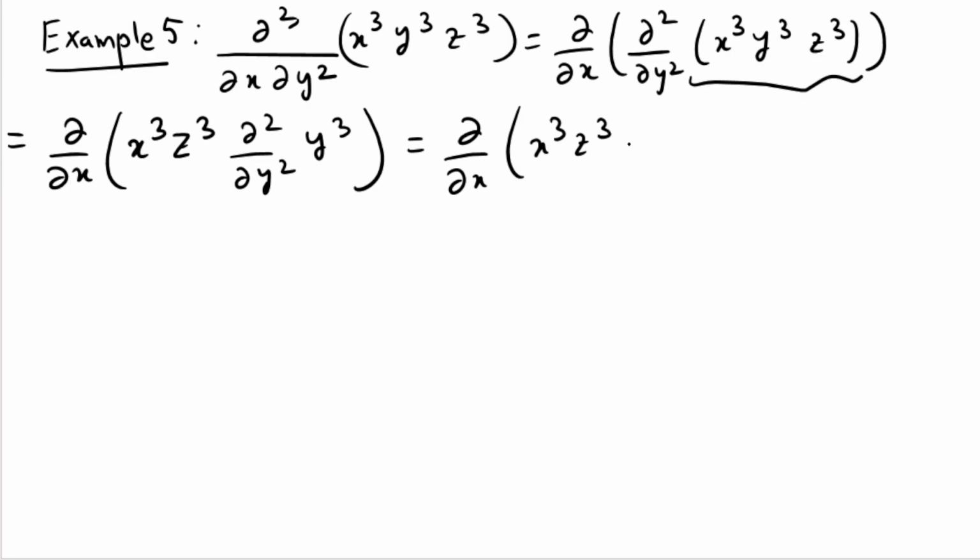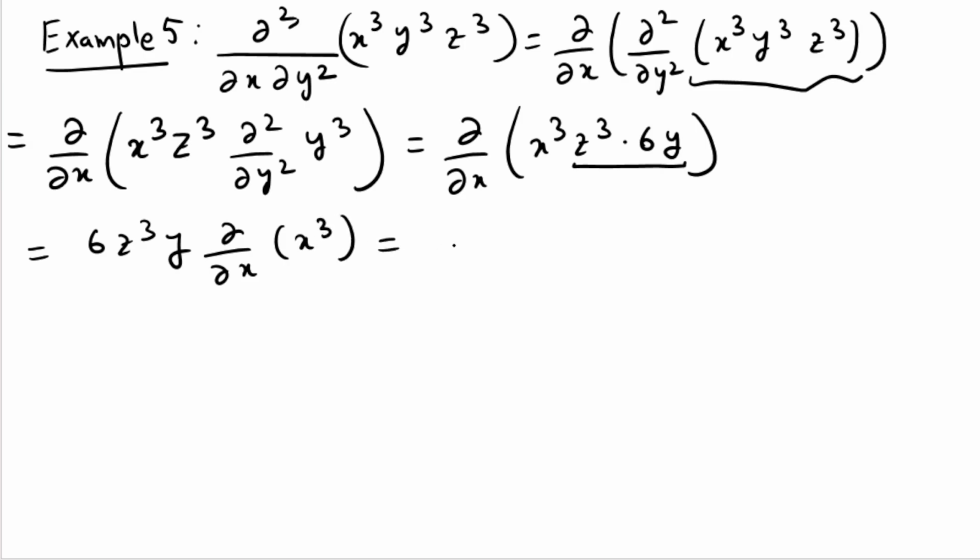Double derivative of y³ gives me 6y. Now treat z and y variables as constant. So therefore 6z³y ∂/∂x of x³. This gives me 18x²z³y.